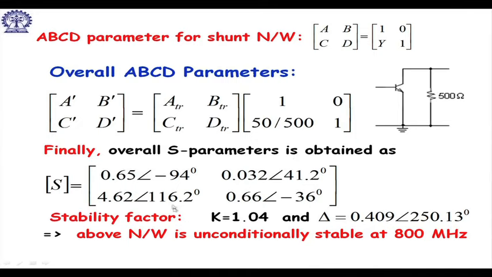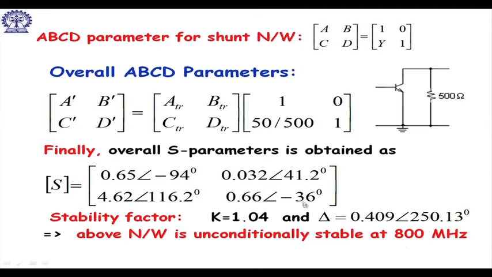You see the stability factor, so I can calculate the Rollett factor, and that turns out to be 1. And the magnitude of delta is 0.409. So, I know that I have passed the test. The above network is unconditionally stable at 800 megahertz.